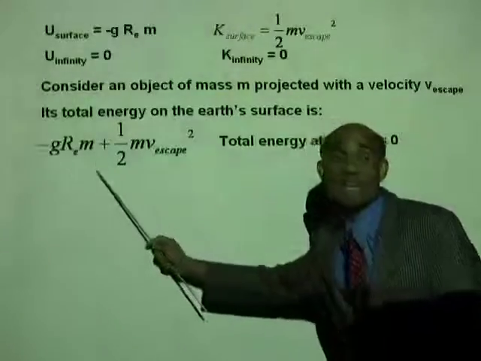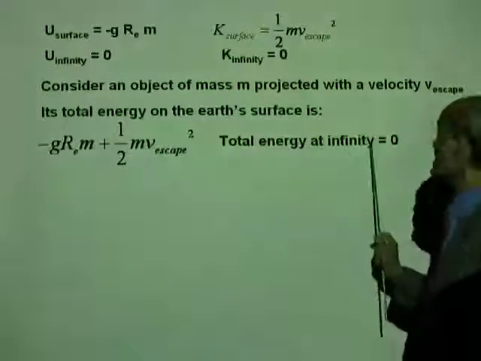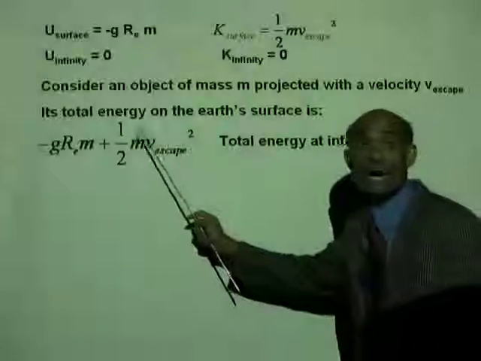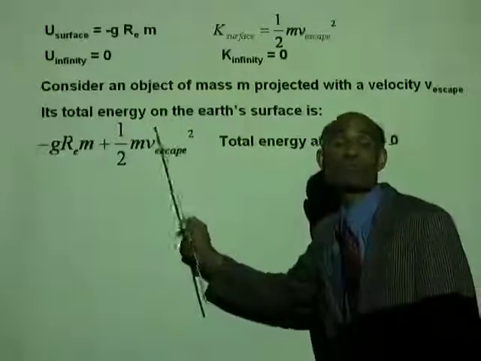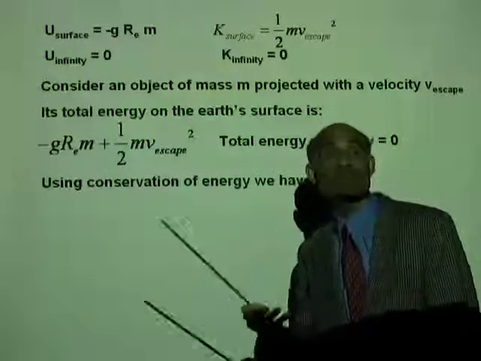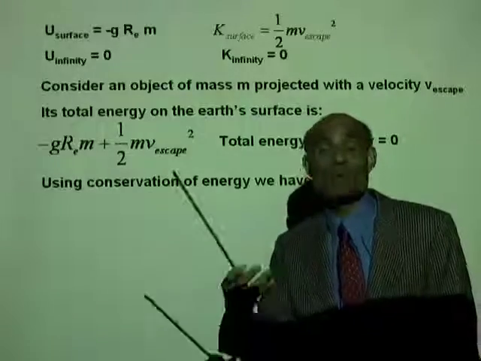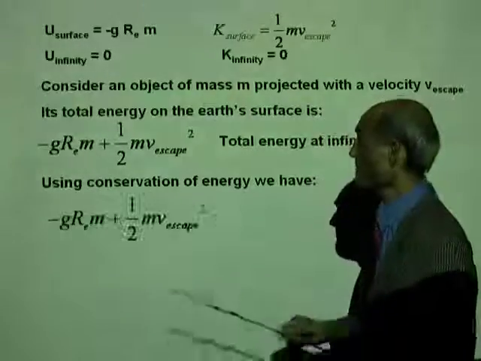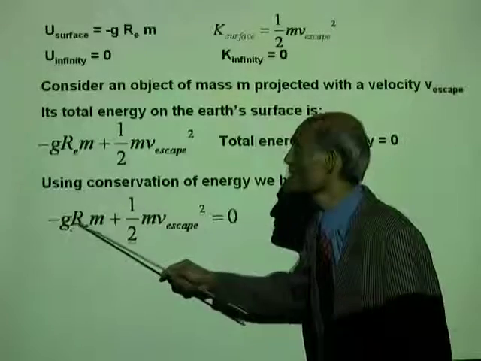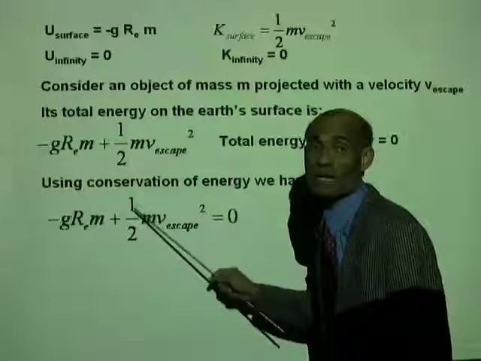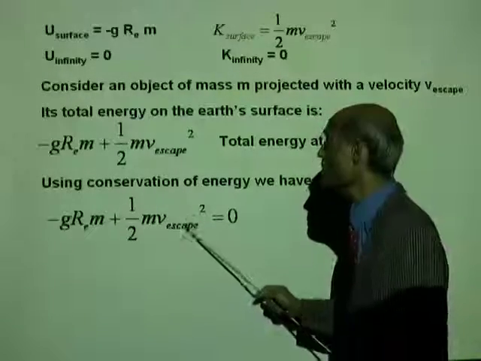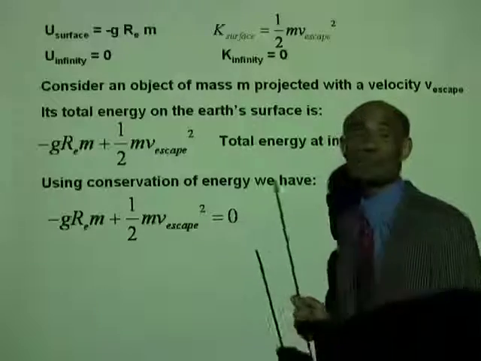So we will now take this quantity and set it equal to 0 and solve for V escape. A neat way to get an equation for the escape velocity. So we have negative GREm plus 1/2 m V escape squared equal to 0.